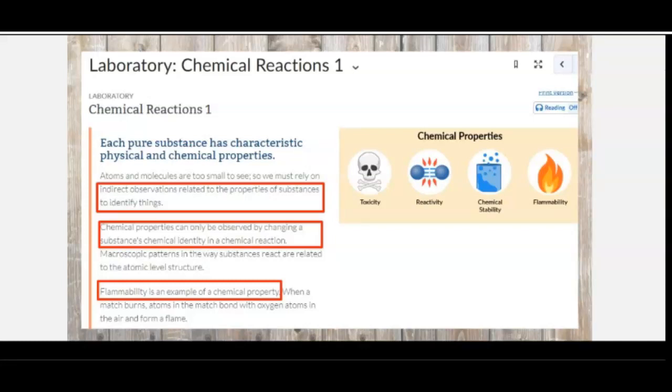Then you've got to create your hypothesis. The best way to do that is to say, if I do this, which would be the purpose of our experiment, then I'm able to see this, right?